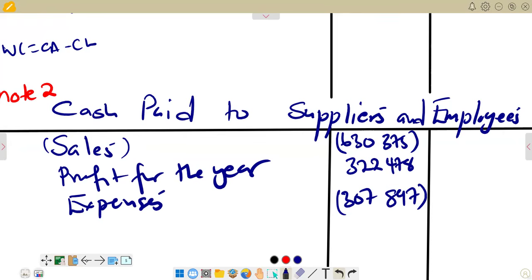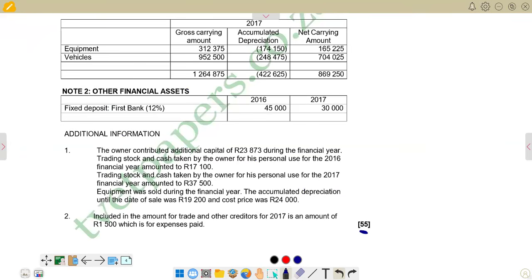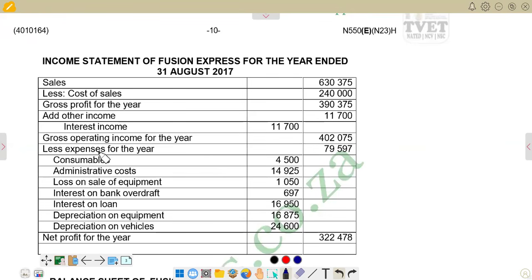So if you come back here, we go to the income statements and we see that we have got interest income, which is 11,700, which is here. So this is one of the incomes that we are supposed to show as a negative. So go back there to put it as an interest income.